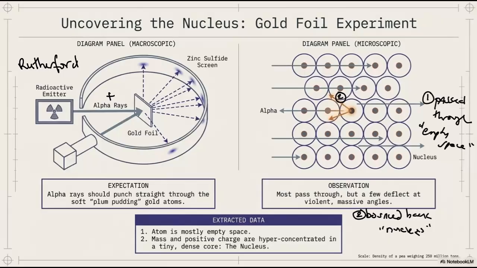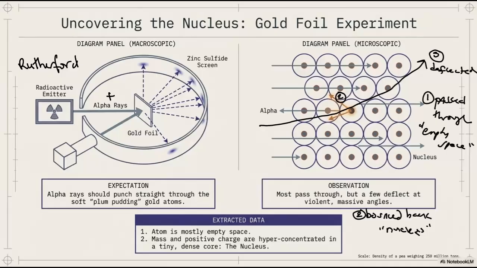And then he saw a third thing, and that was that sometimes when that alpha particle came close to the nucleus, it got deflected. So I have a particle that's getting deflected. So that nucleus must have a charge.